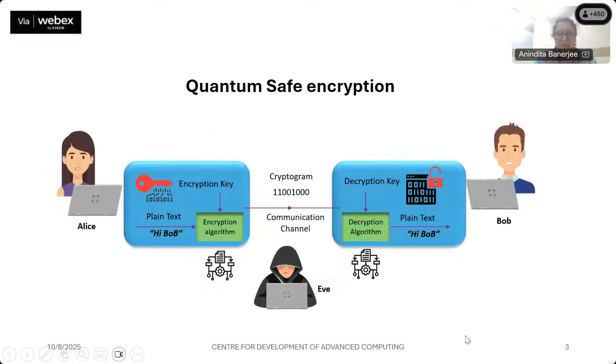This is a general architecture of cryptography, where the person Alice wants to send a secret message to Bob. For example, say, "Hi, Bob." So she will be using an encryption key, and that key has to be communicated at the other end. So you have the decryption key. Here we are talking about symmetric key cryptography.